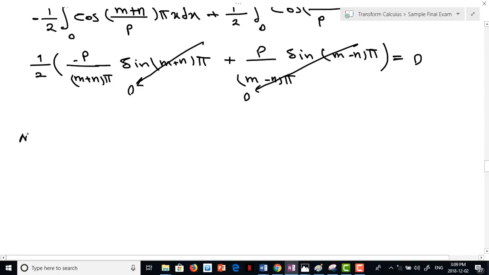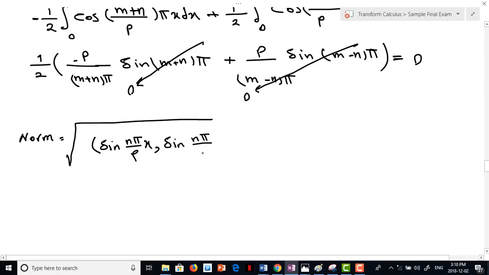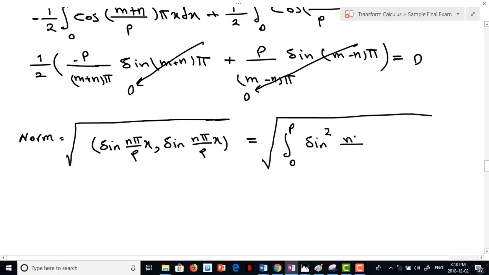So you know that the norm of the function is equal to the root of the inner product of sine n pi over p x and sine n pi over p x. It's equal to the root of the integral from 0 to p of sine squared n pi over p x. Again, you have to use trigonometric equations.